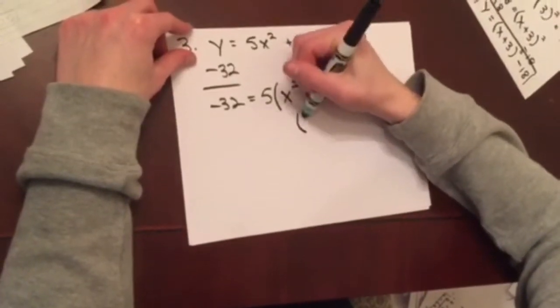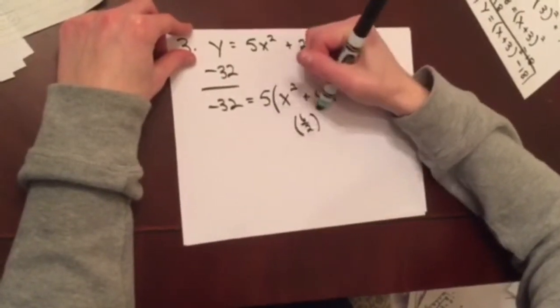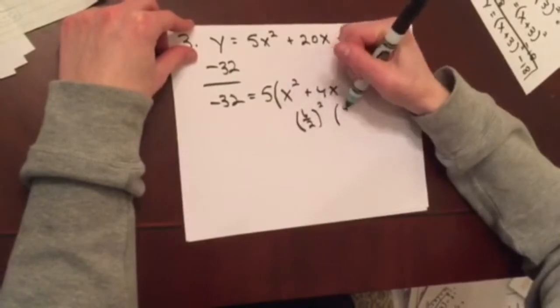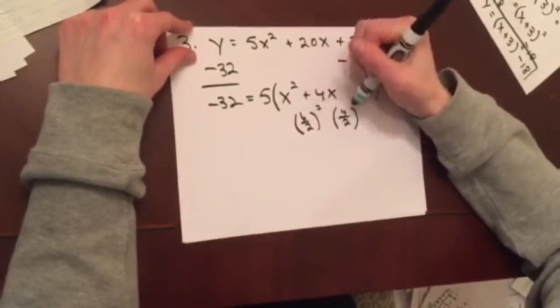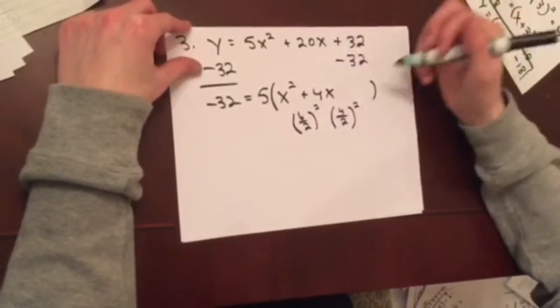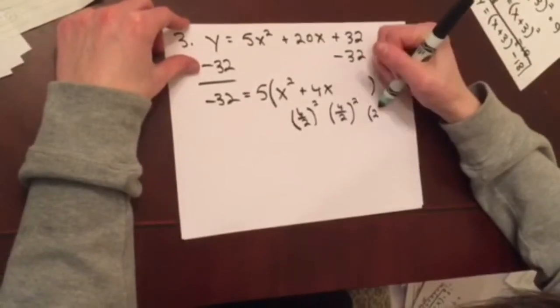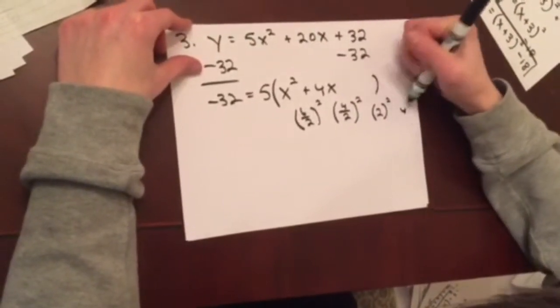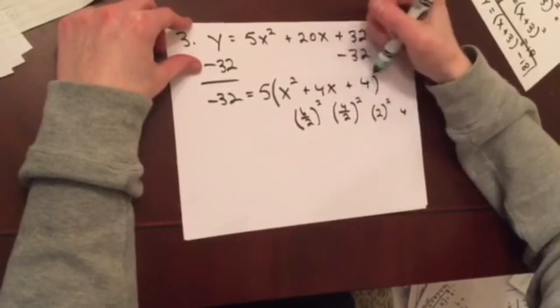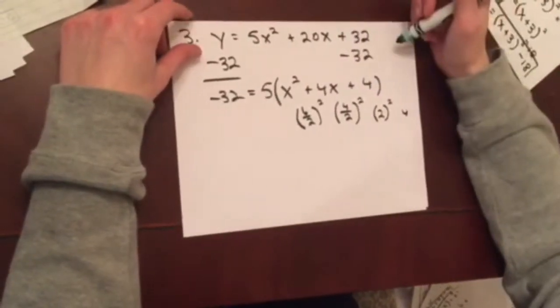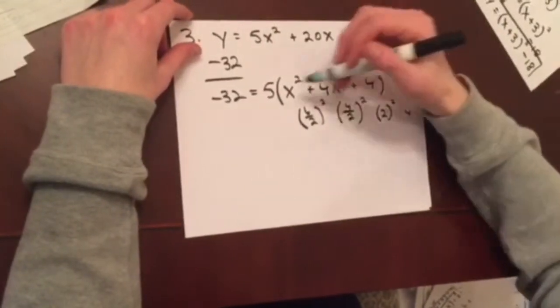Leave a little space right there. B divided by 2 squared, which is 4 divided by 2 squared, which is 2 squared, which is 4. So we can add 4 to that side. And now you got to remember this term right here.